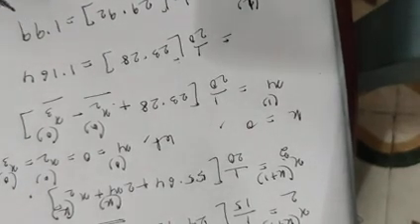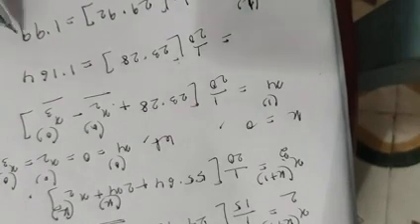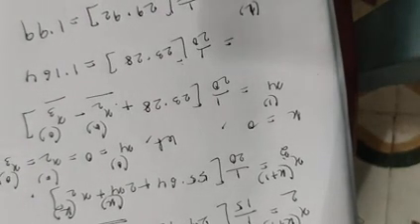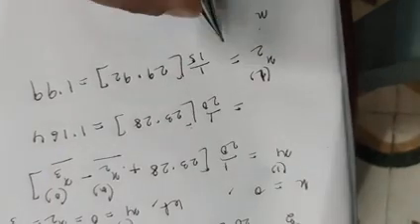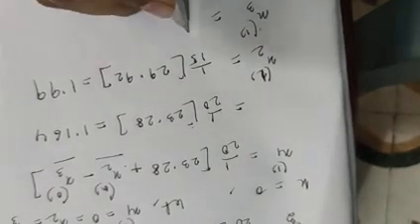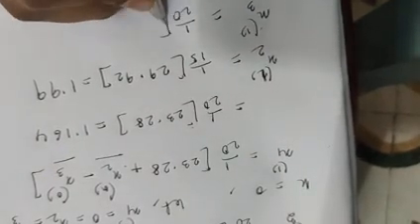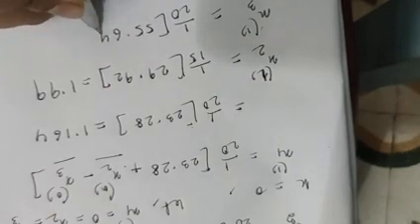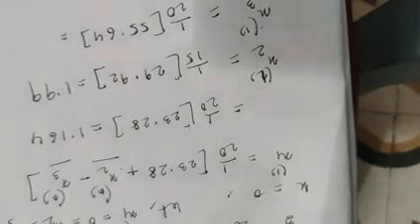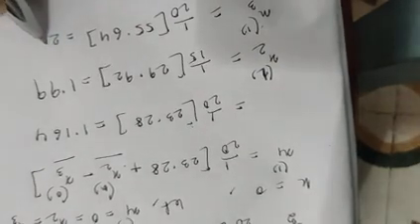We have to find it up to 2 decimal places, so we can take it up to that. Next is x3 1. It will become 1 by 20 into 55.64. It will give the value 55.64 divided by 20, 2.782. This is the second set of values.